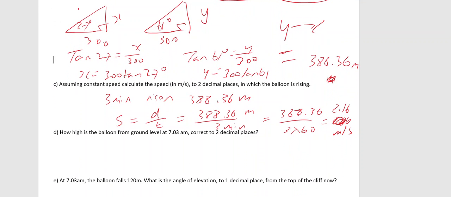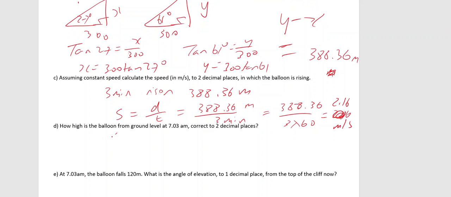How high is the balloon from ground level at 7:03 a.m.? Now, if I look back at the triangle, 61 degrees, that was my y, and that was my 300. We know that y equals 310 for 61 degrees. Now, how high from the ground?